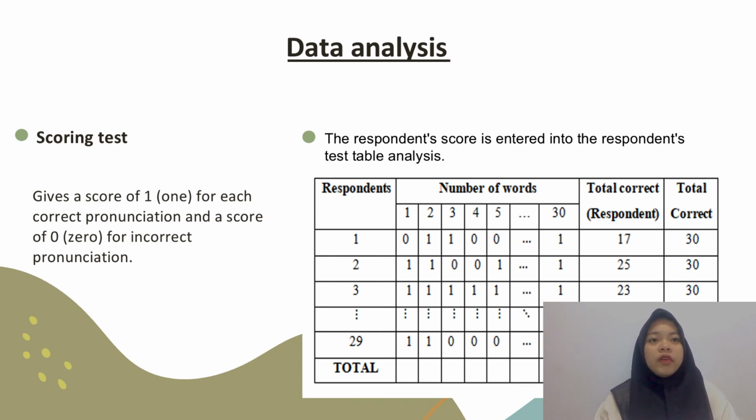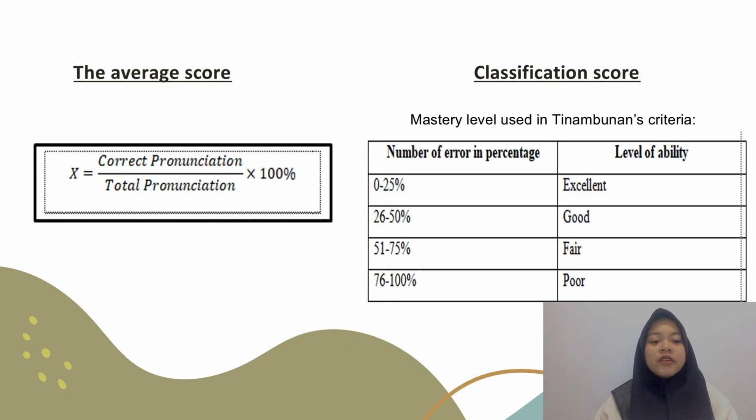Number of error in percentage: 0 until 25%, level of ability excellent; 26 until 50%, level of ability good; 51 until 75%, level of ability fair; and 76 until 100%, level of ability poor. I use the average score result to find out the difference in the average score of students' pronunciation error on closing diphthong sounds.